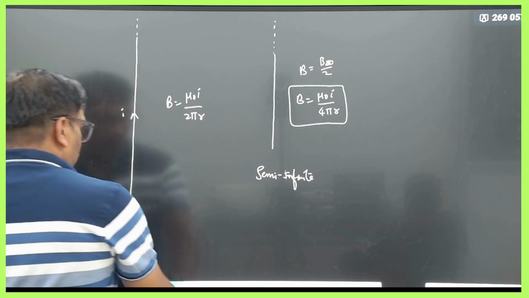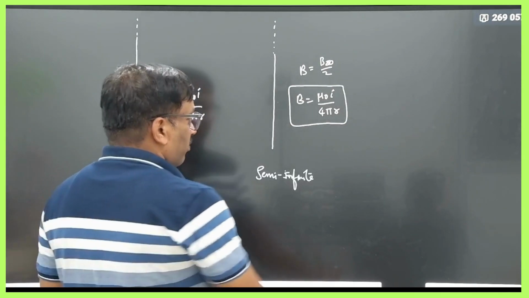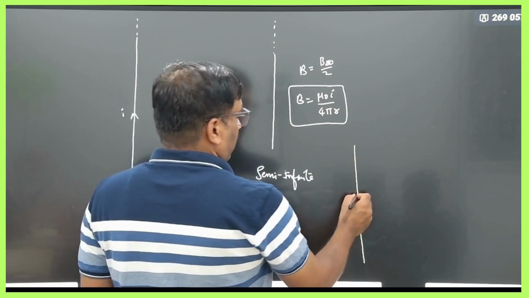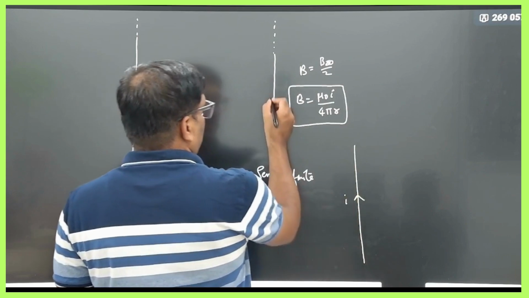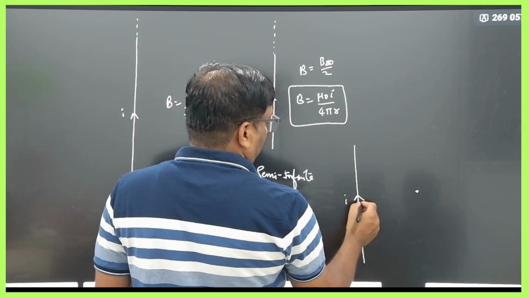Now we want to know the formula for finite length. Finite length, most important, remember this one. This is your current, and here also current is there. We want to calculate the magnetic field at a certain distance.